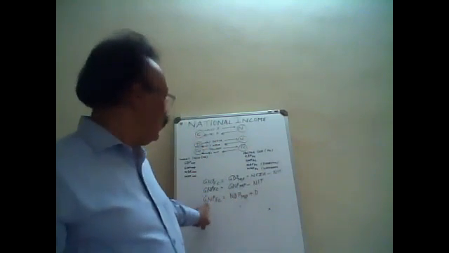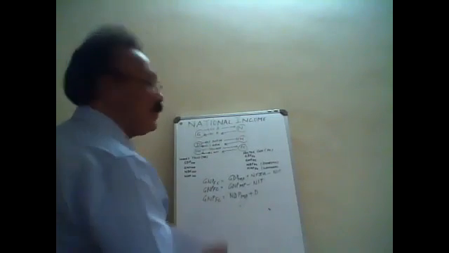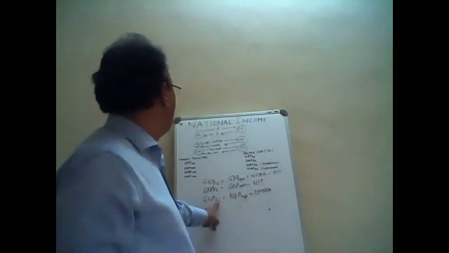Domestic to national, plus NFIA. And market price to factor cost, minus NIT.